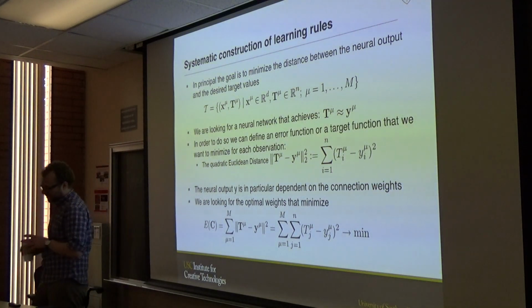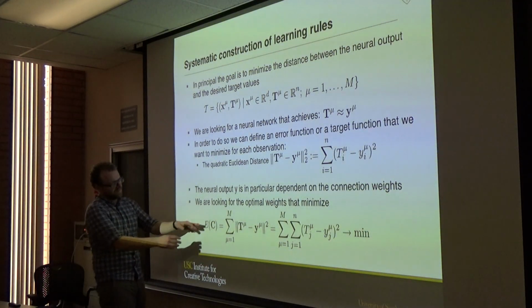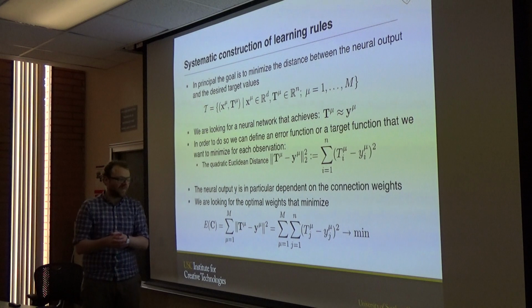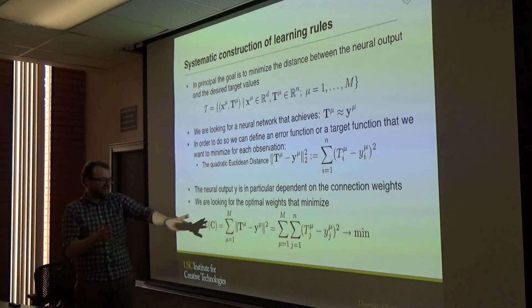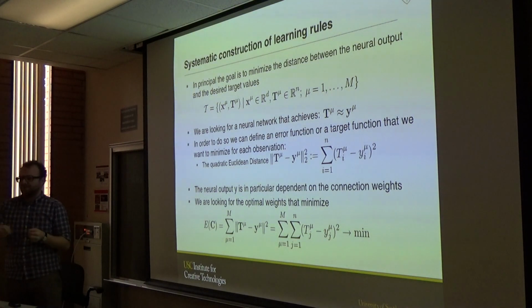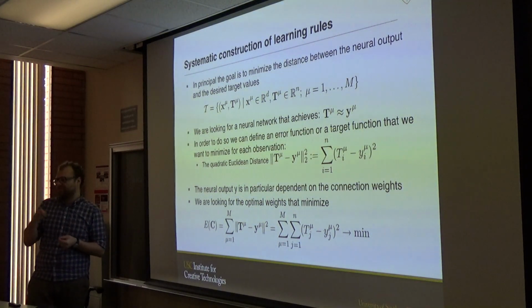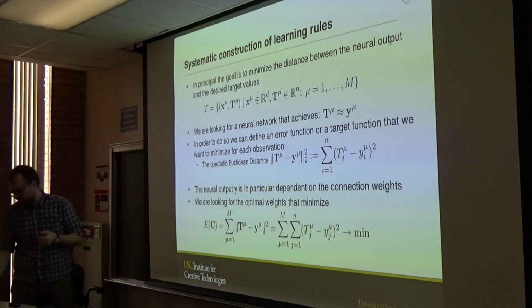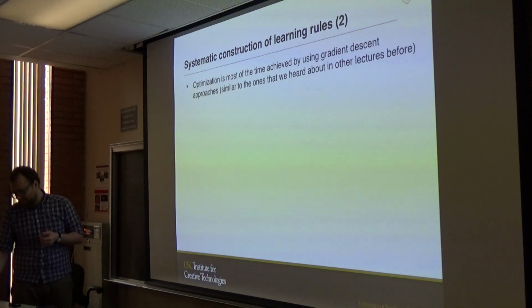So that's what we want to do, and because we can't really get a complete derivative for all the weights at the same time, we do that for each weight entry separately, so we do the partial derivatives as we had before.